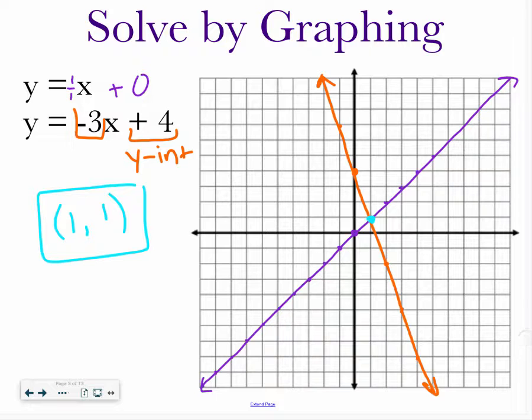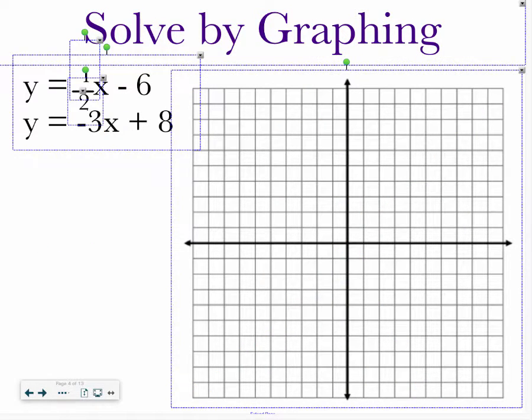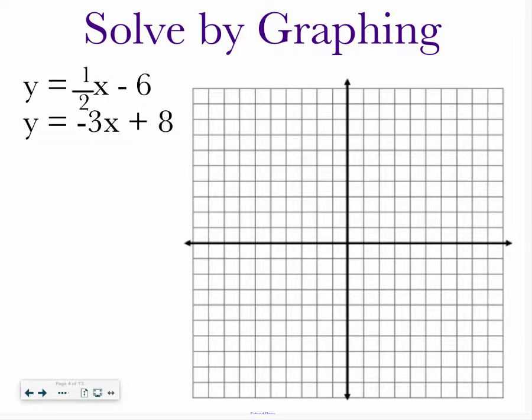Okay, let's try another one. Again, I'm going to start by graphing this problem. I have y equals 1/2 x minus 6. I start with my y-intercept. I go down 6, put a dot, and then I look at my slope. I have a positive 1/2, so I'm going to go up 1, over 2, because remember it's rise over run.